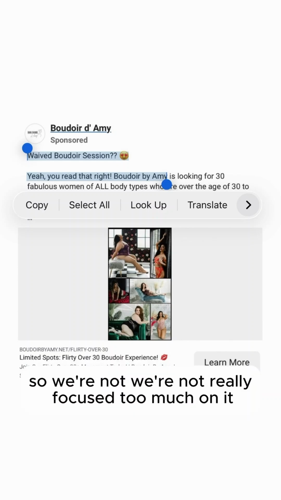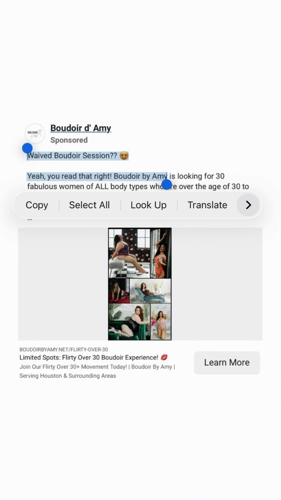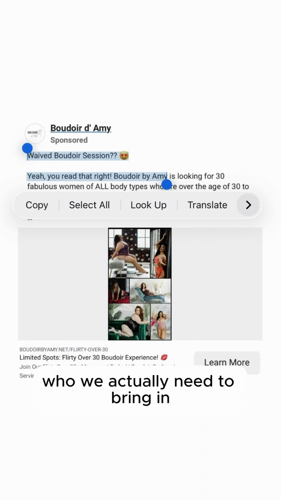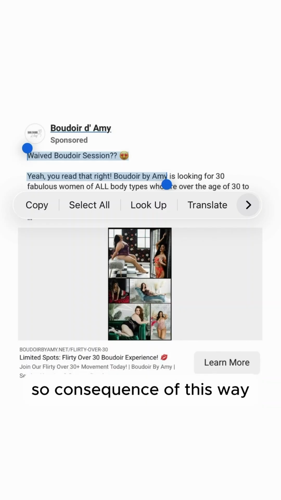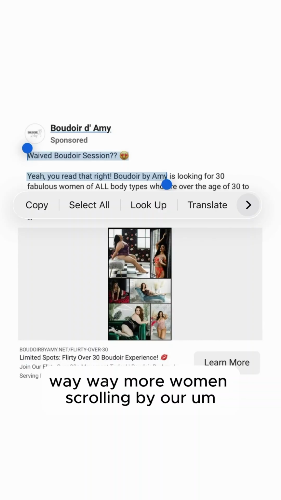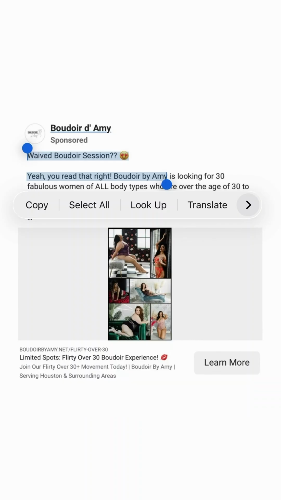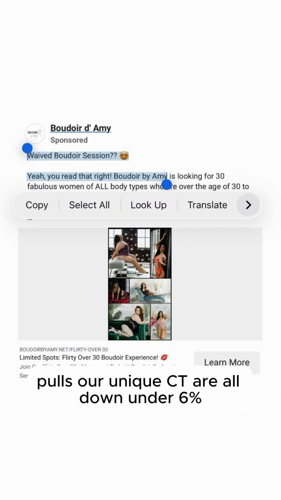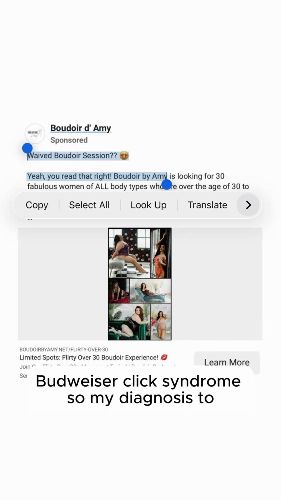So we're not really focused too much on it, and we're lacking context of who we actually need to bring in. So the consequence of this: way more women scrolling by our Boudoir Facebook ad than necessary. And as a result, it pulls our unique CTR all down under 6% and contributes to BLCS, Boudoir low click syndrome.